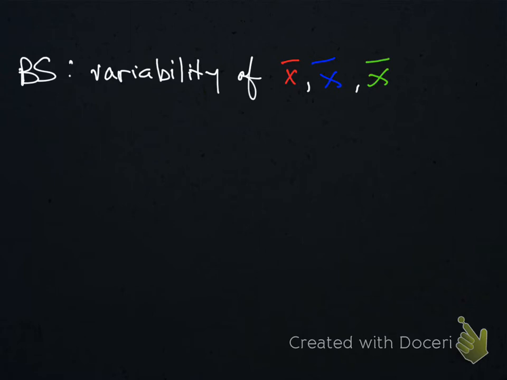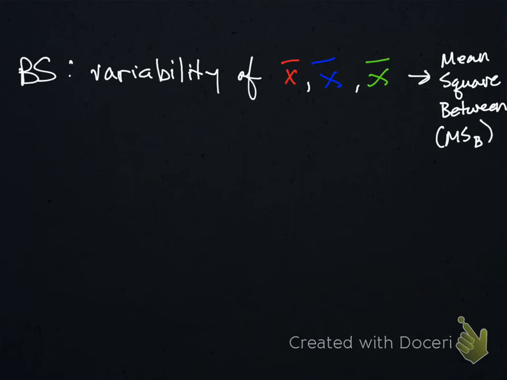We're going to give this variance term a very special name. It's going to be referred to as the mean square between, or MSB.